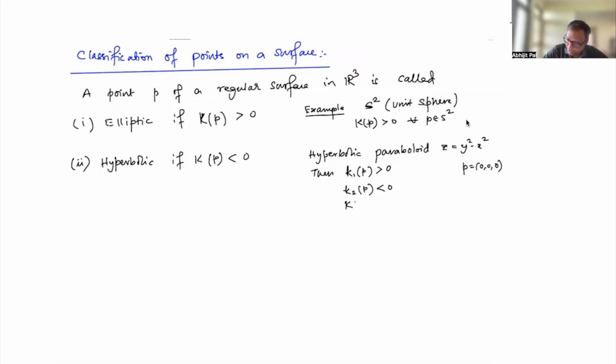So therefore, this K_P equal to K1 multiplied by K2 is negative. Okay. So this implies that P is a hyperbolic point.